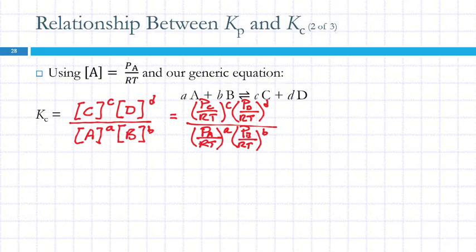So let's pull those out. So this is the same as PC to the C power times 1 over RT to the C power. Everybody okay with that? So I'm going to pull out PC to the C power.